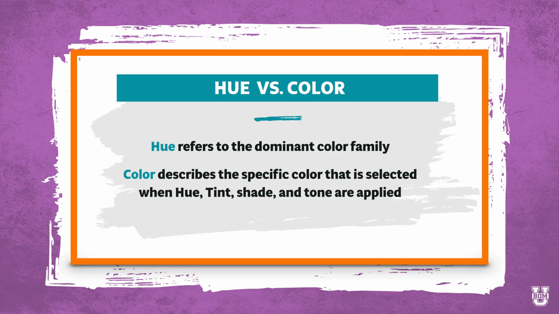You might have a toned down red like a rust color, but that falls into the red hues. I use the word color as a general term, but color is the actual color that you will pick, and hue refers to that dominant color family. I wanted to make sure that was clear so you understand the difference.